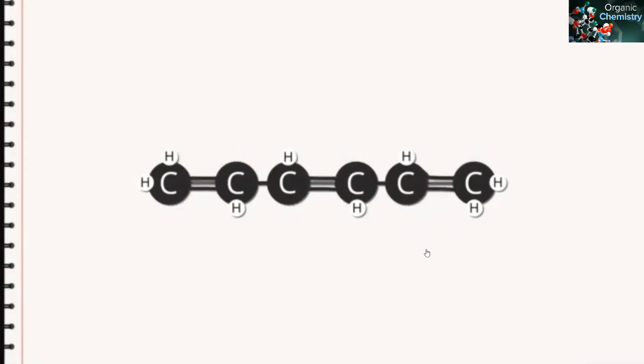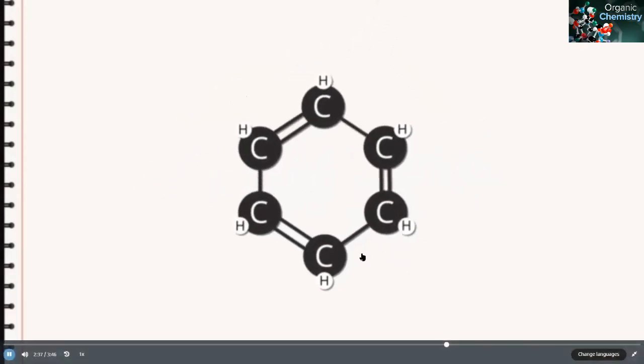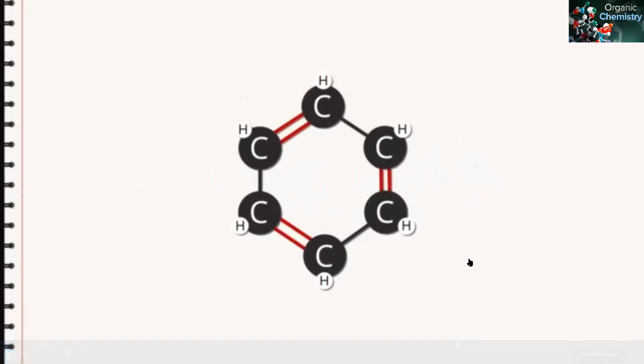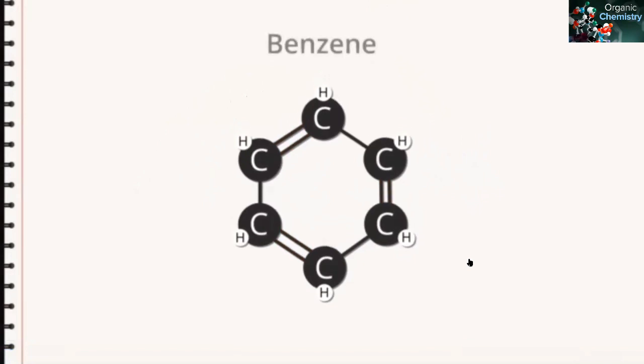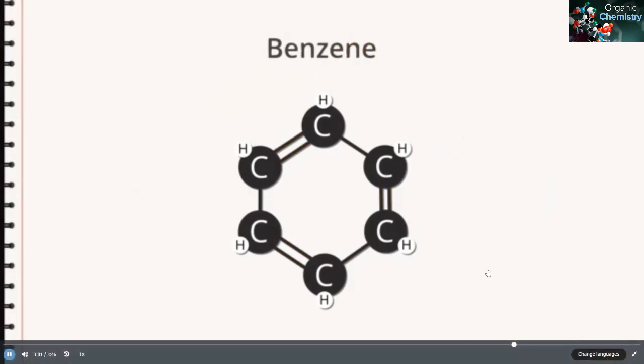If we make a ring-shaped hydrocarbon with 6 carbon atoms and 3 double bonds, it will be much more stable than the straight molecule. This substance is called benzene. That the name ends in ene shows that it contains double bonds. It is an unsaturated compound. Despite that, the benzene ring is pretty stable, and it is a part of many compounds that are important in biology.